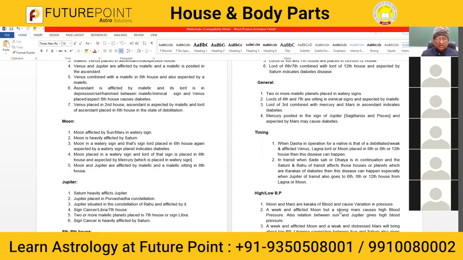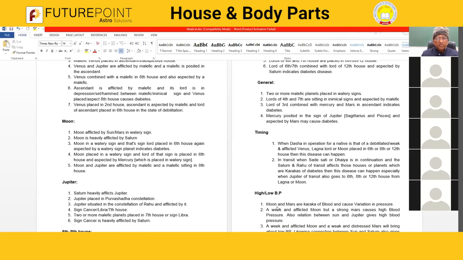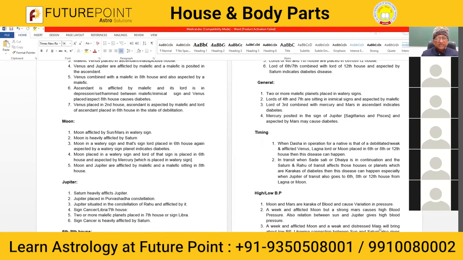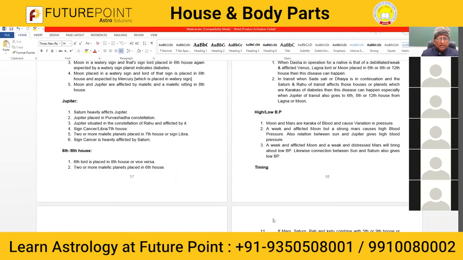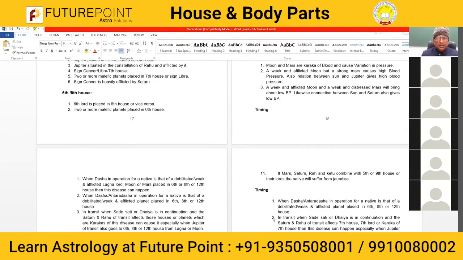So Moon and Mars afflicted by Sun and Saturn can give rise to blood pressure problems. Timing is all one: the dasha of those planets which are afflicting or affecting the body part. If the dasha is operating, then we can say that the problem is there.